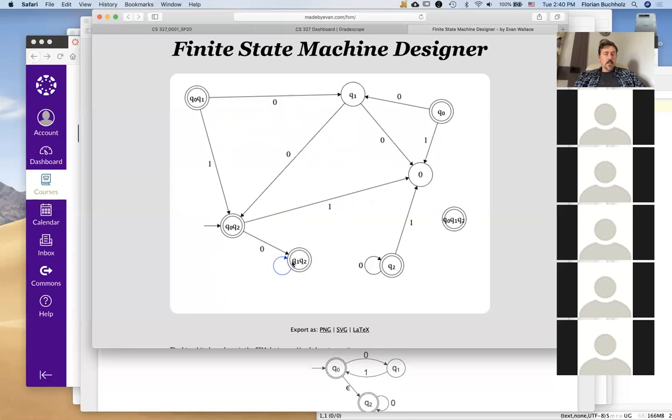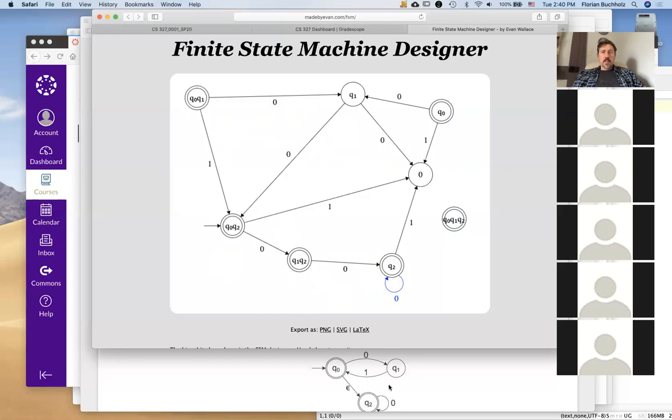Oops, so we need to go to Q2 from here, like that, on a 0. And we can drag these down a little bit, like that.